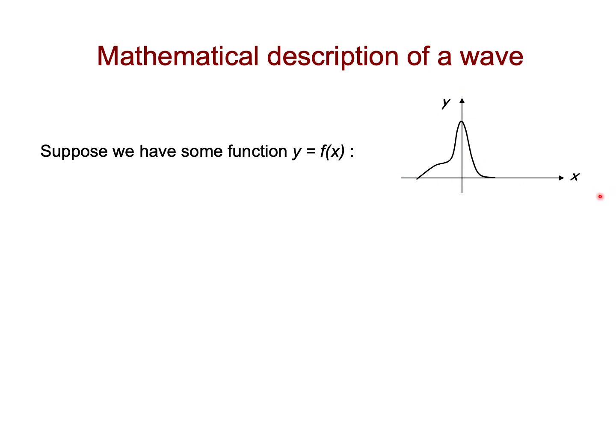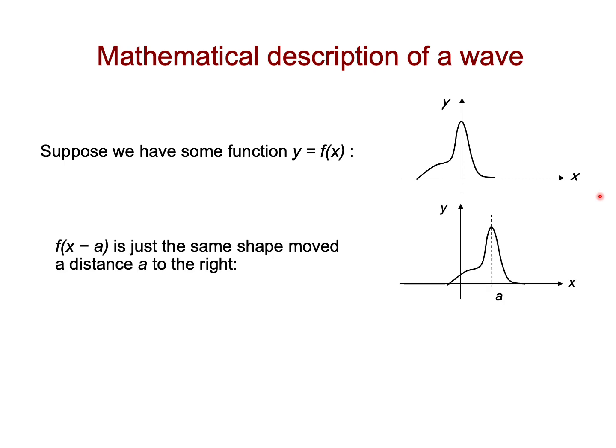Now, as you hopefully recall from pre-calculus, if you have a function y equals f of x, and you plot y equals f of x minus a, it will take that function and translate it to the right. So plotting the above function, but where the argument is now f of x minus a, shifts this shape, which had its peak at roughly 0, to location a on the x-axis. It is moved to the right.